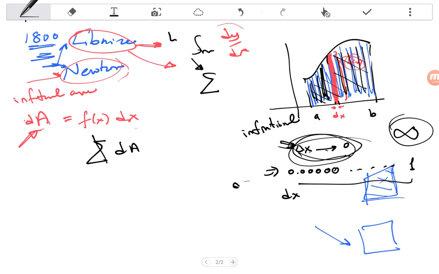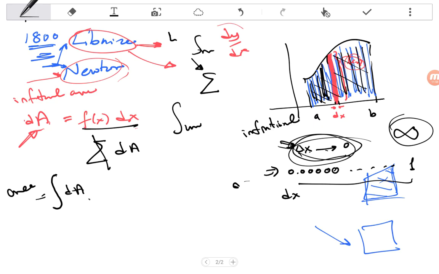So Leibniz chose another symbol for this case. He chose a letter S, but extended like this. That is a letter S, which comes from sum. So the total area is the sum of dA.